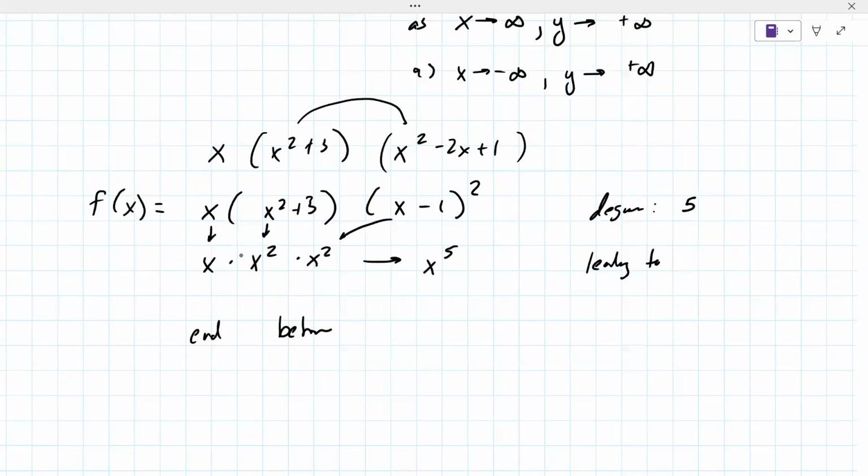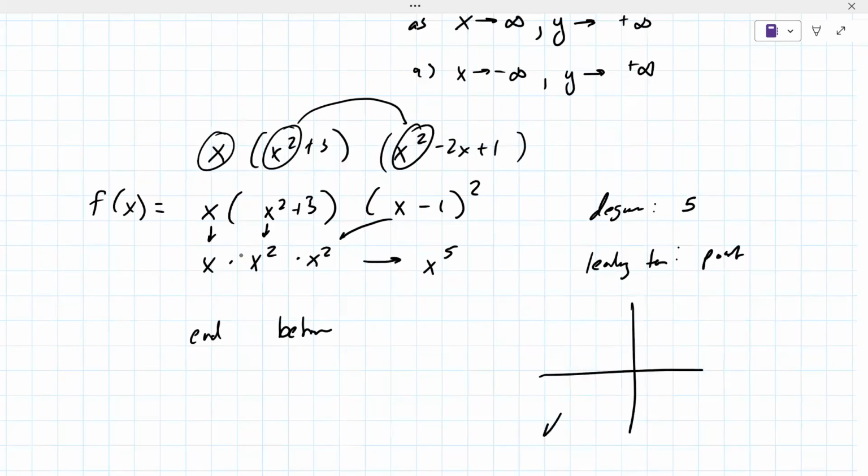It's based on the sign of the x squared and the x squared. So it's positive. So the graph looks like this, low and high. Then as x is positive infinity, y is positive infinity. As x is negative infinity, y is negative infinity.